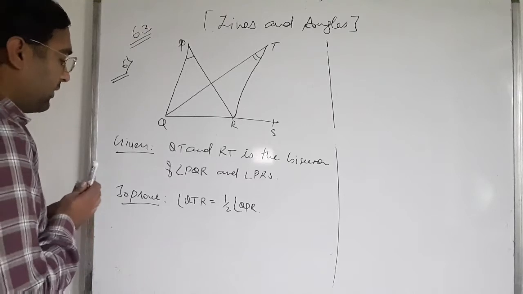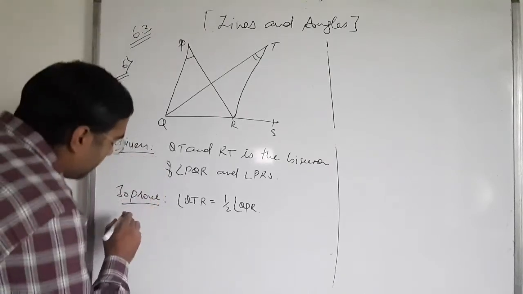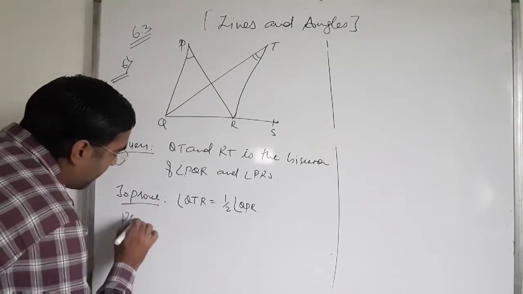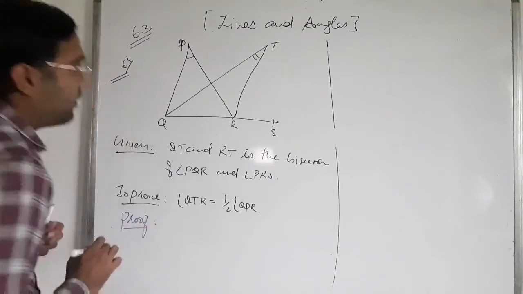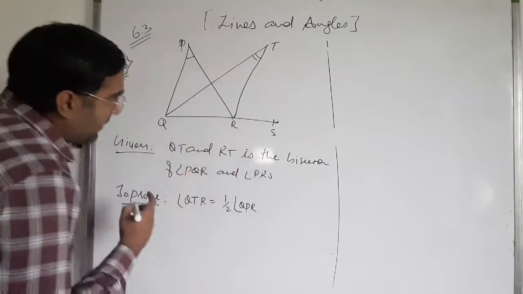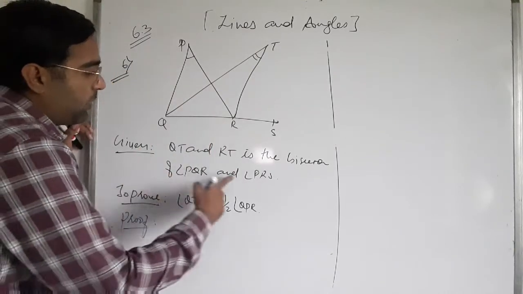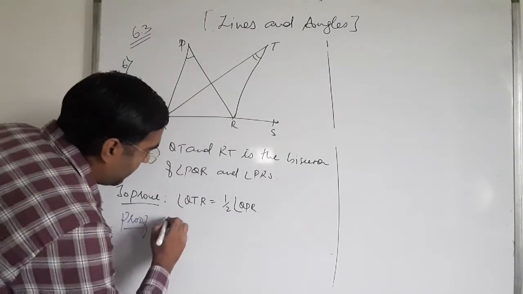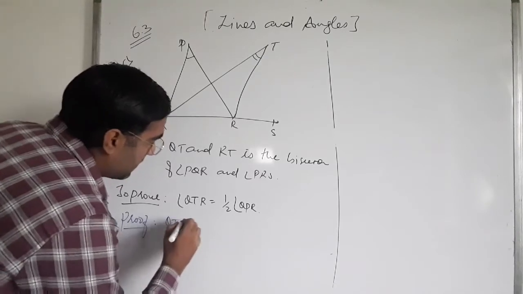Here we have to prove, so I'll write proof. QT and RT are the bisectors of angle PQR and angle PRS, so I'll write all these things.